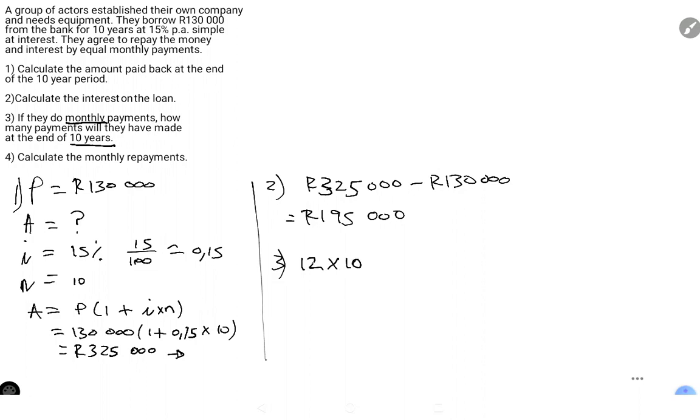So we have 12 tens. Do you see that? So you're going to go through the first year, January, February, March up until December. That's 1 year. And then you're going to go through the same cycle again, and then again, up until you've done it 10 times. So it's 12 months times 10 years.